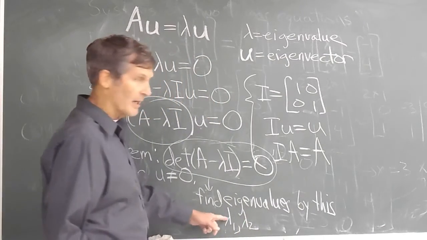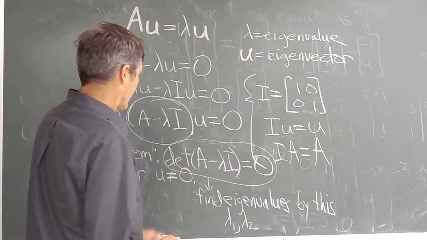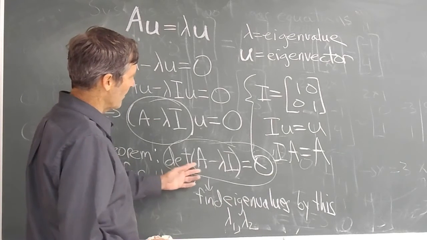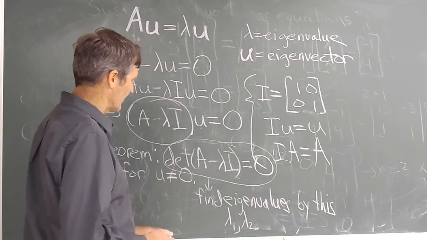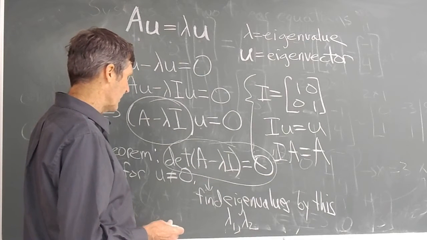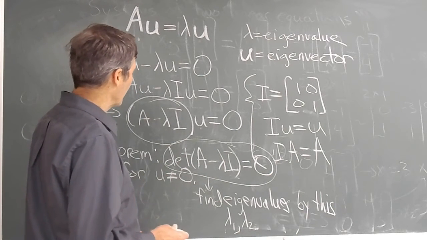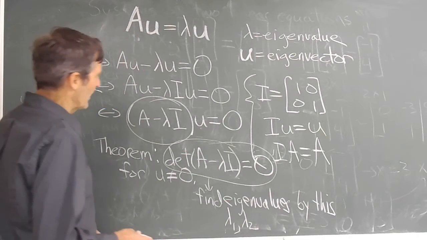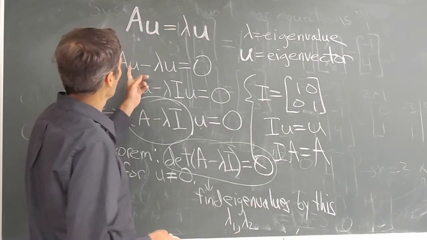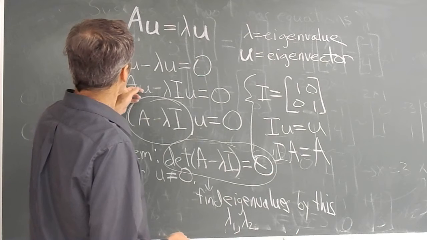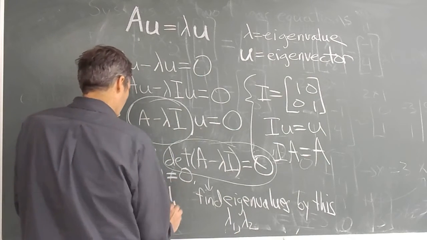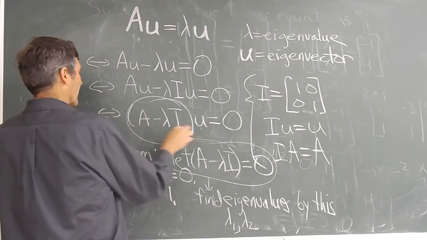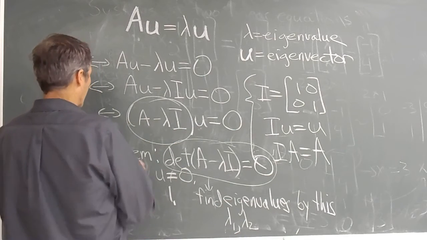They might actually be complex conjugates, because this amounts to using the quadratic formula to solve this equation. You find these two eigenvalues by this equation, and then once that's done, you can use the original equation right here to find the eigenvectors u.